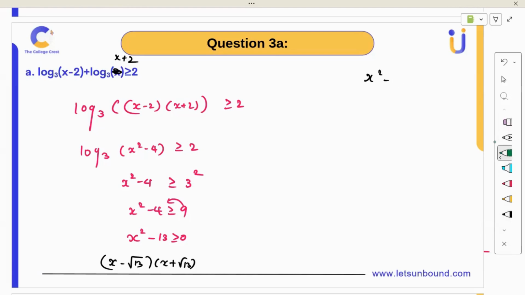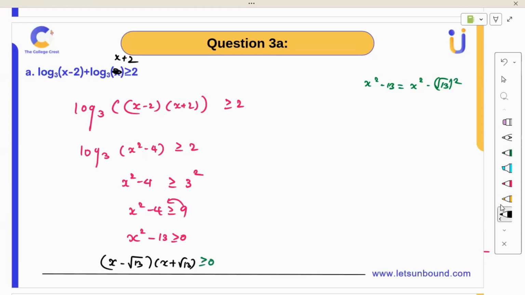If it's not a perfect square, no problem. Still, if you have x square minus something, you can just put a square root of it and square it. Right? That's the case. So x square minus 13, I write it as x square minus root 13 the whole square, so that I can easily apply the property.